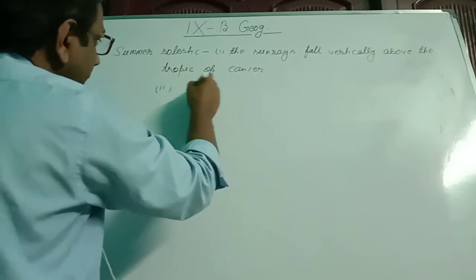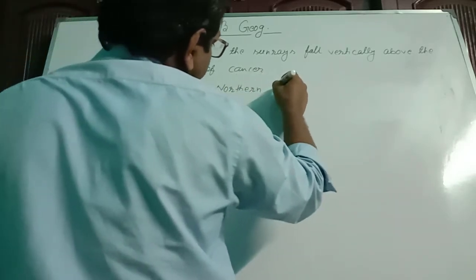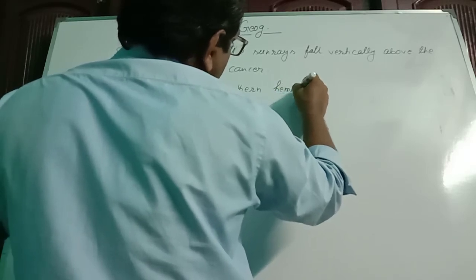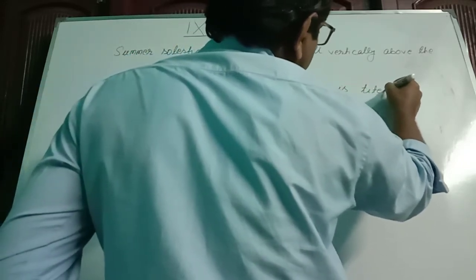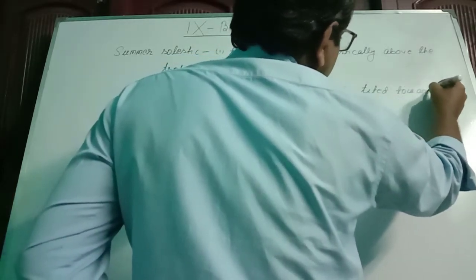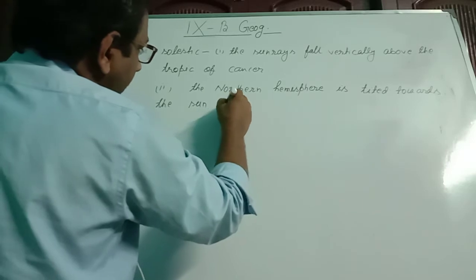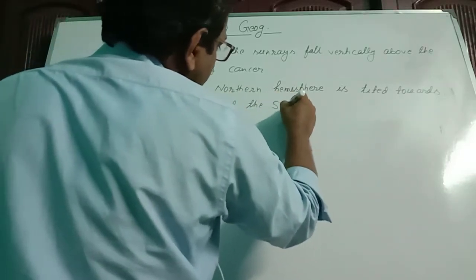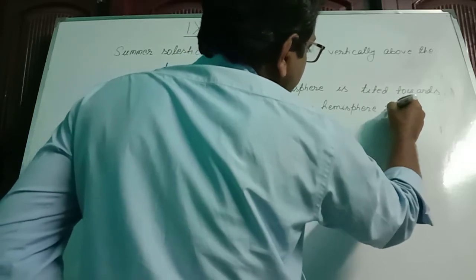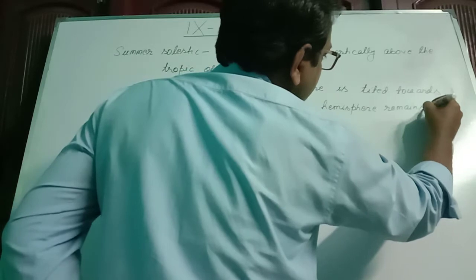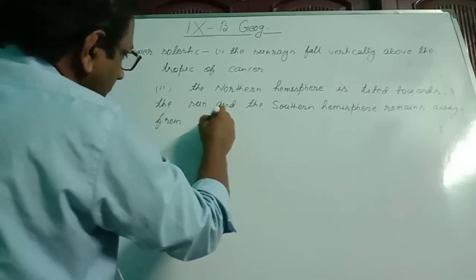Number 2, the northern hemisphere is tilted towards the sun, and the southern hemisphere remains away from the sun.